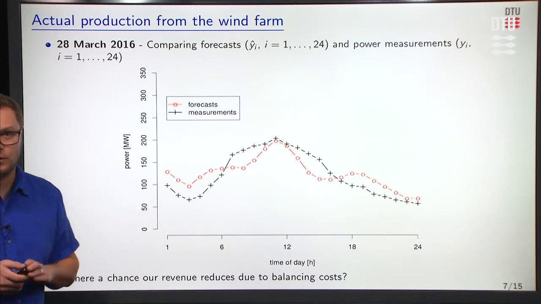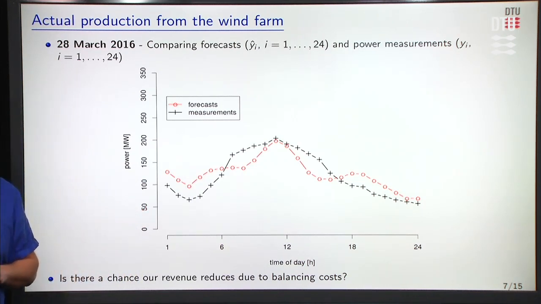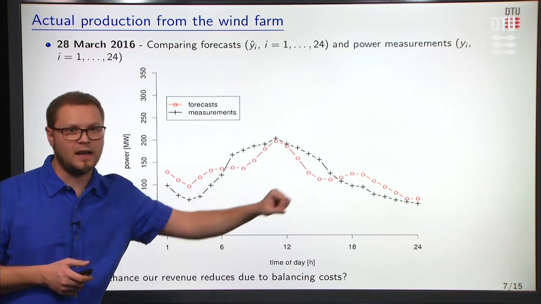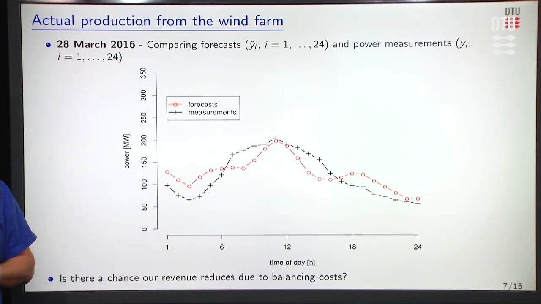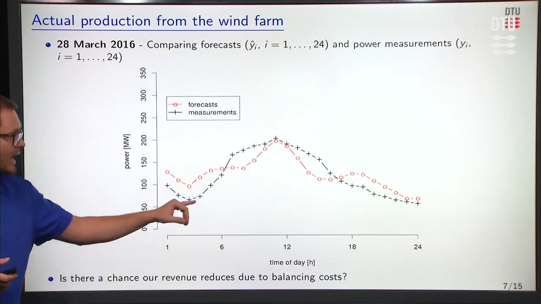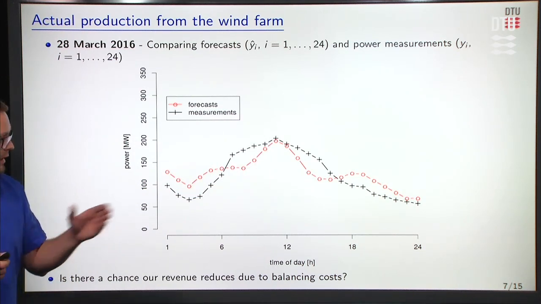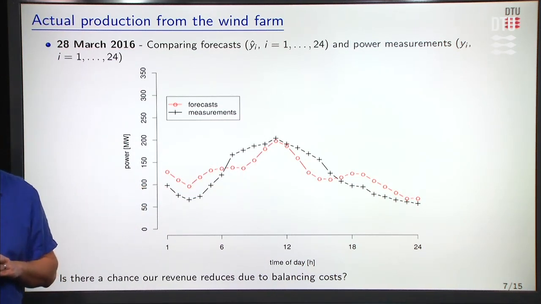Here, for example, we have the forecast that we've considered previously and that have become our schedule in red. So that's these 24 values for each and every market time unit. In black, we have the measurements that were collected throughout the day and that were collated on the same graph.